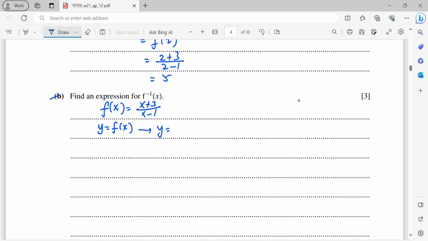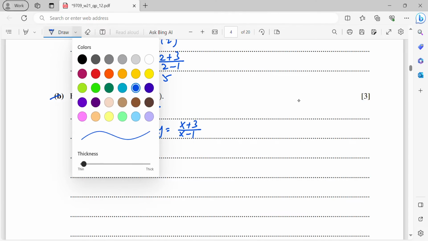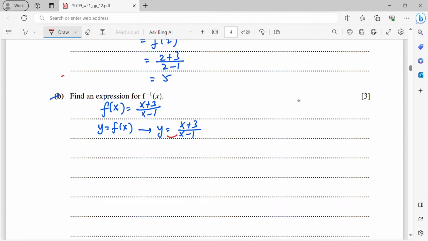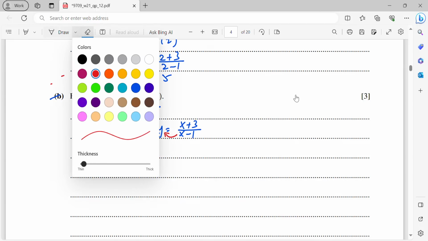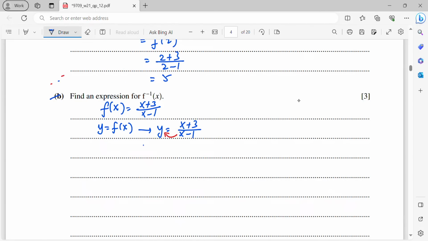Therefore, your y is (x plus 3) over (x minus 1). And now get the x as a subject. So to get the x as a subject, I will move this x minus 1 to the left hand side. Then now I will be getting y multiplied with (x minus 1) and that equals to x plus 3.